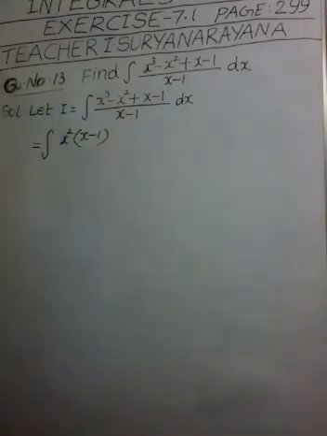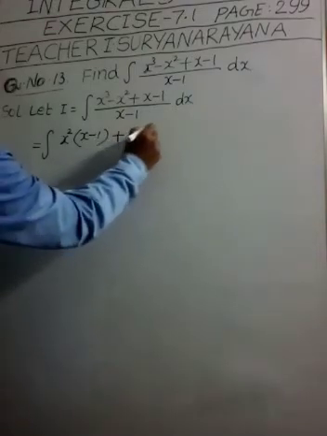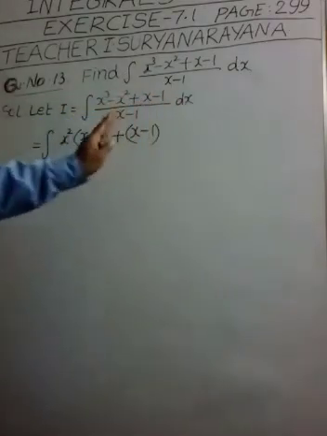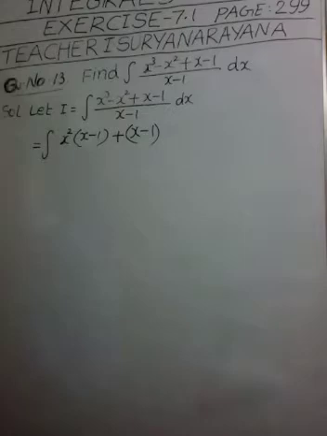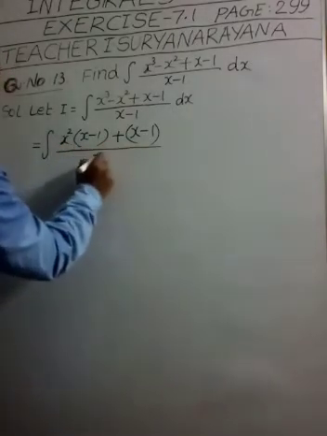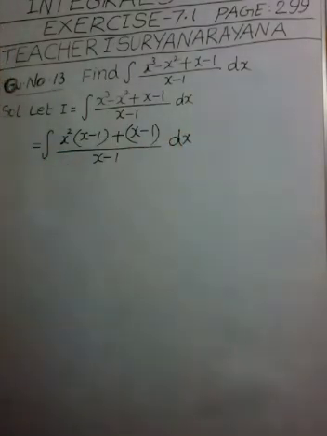Understood this for first term, my children? Right. Plus x minus 1. I am writing the next term and the last term as it is, x minus 1. Understood the part, my children? Right. Whole divided by x minus 1 dx. Understood this step, my children?